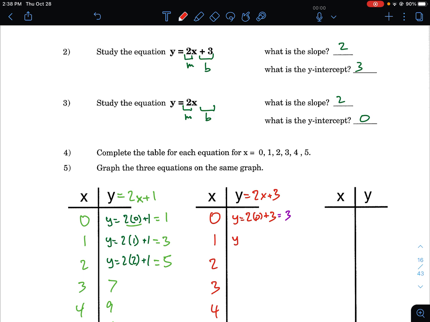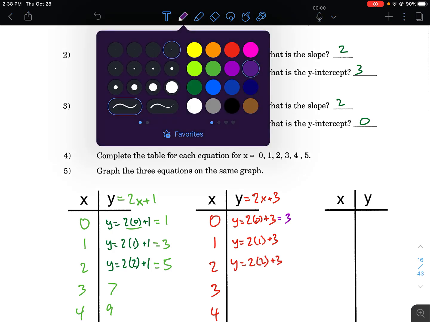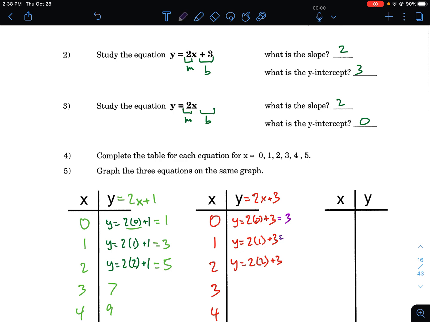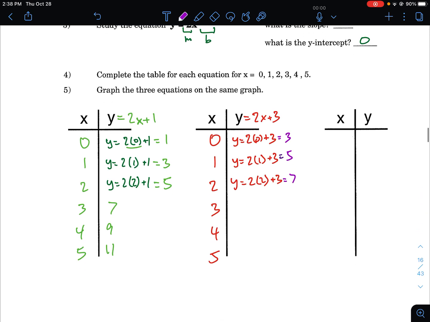Y equals 2 times 1 plus 3, and then y equals 2 times 2 plus 3, and we'll figure out the rest with the patterns. 2 times 1 is 2, plus 3 is 5. 2 times 2 is 4, plus 3 is 7. The pattern seems to be that it is increasing by 2. So the next one should be 9, then 11, then 13.